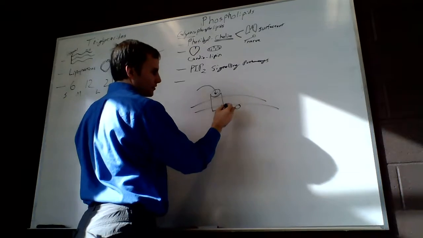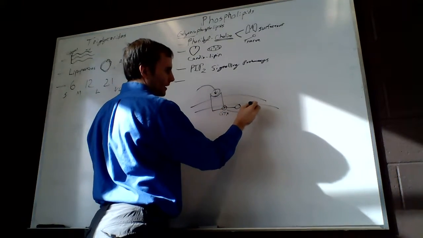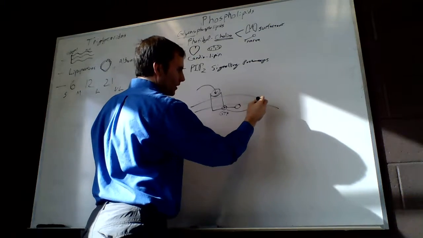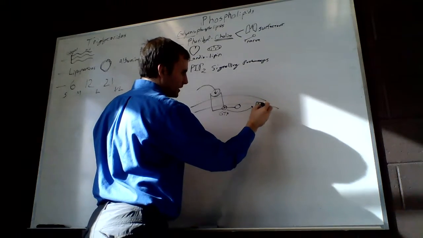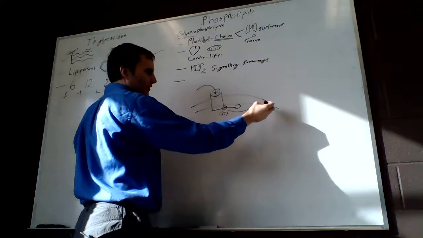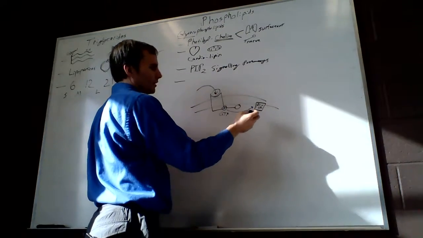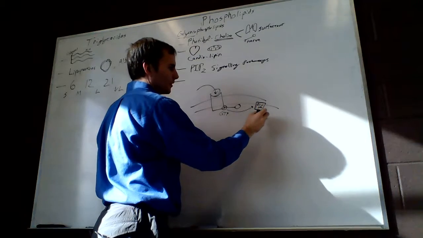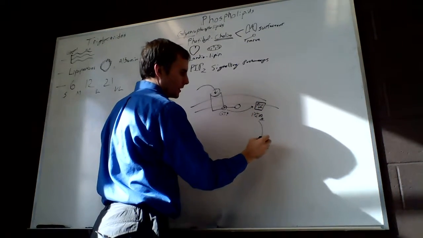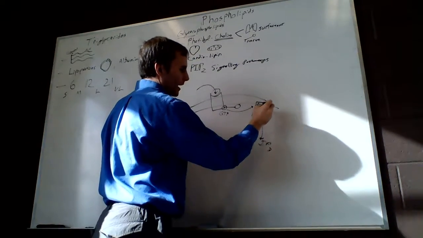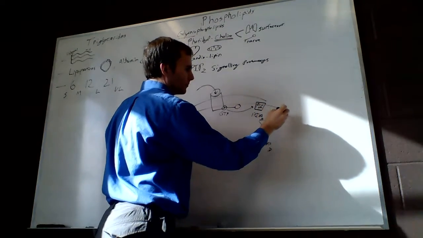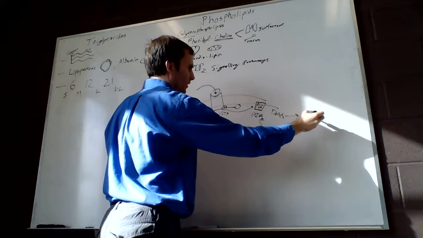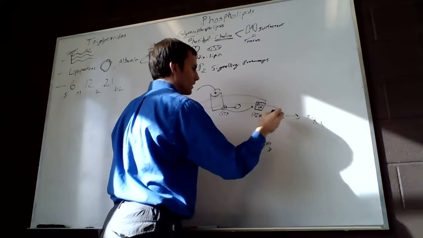Then that GTP goes and turns on phospholipase C. Phospholipase C cuts apart phosphatidylinositol, so PIP2, into both IP3 and DAG, which goes and does protein kinase C and all that stuff.